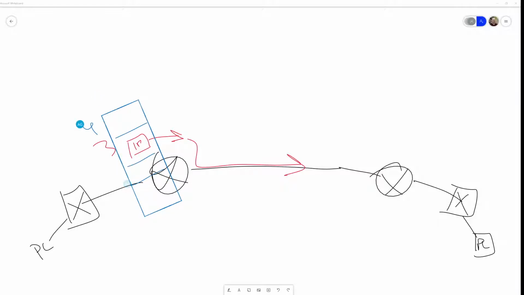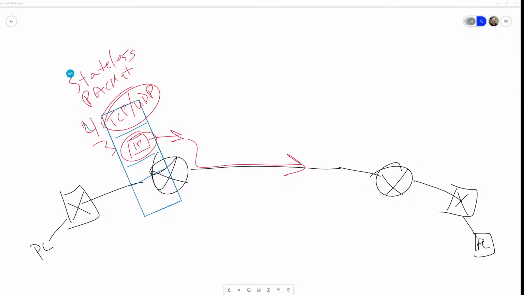You can take it up to layer 4 and do some controls based on the TCP or UDP port numbers. If you want to filter traffic in the router based on IP addresses or port numbers, this is known as a stateless packet filter or a stateless firewall, otherwise known as access control list, ACLs.